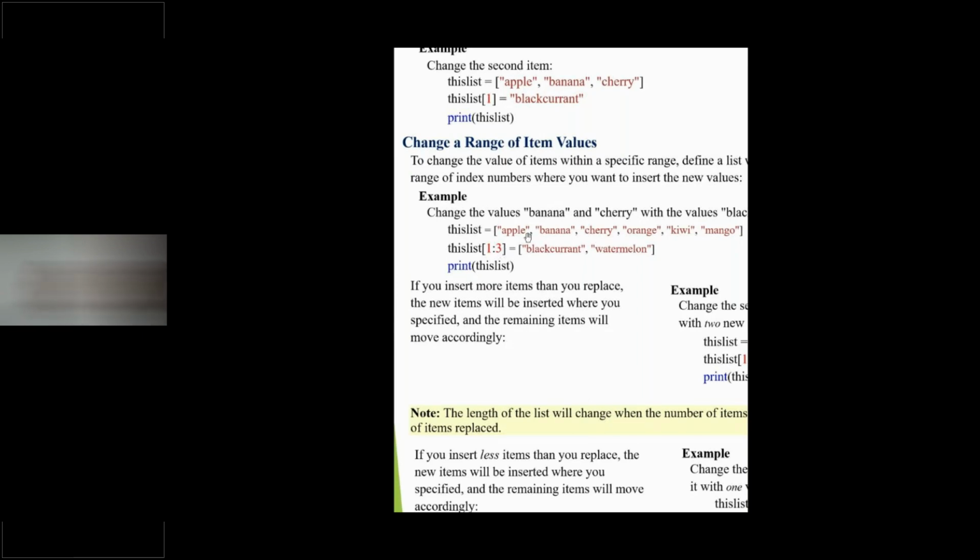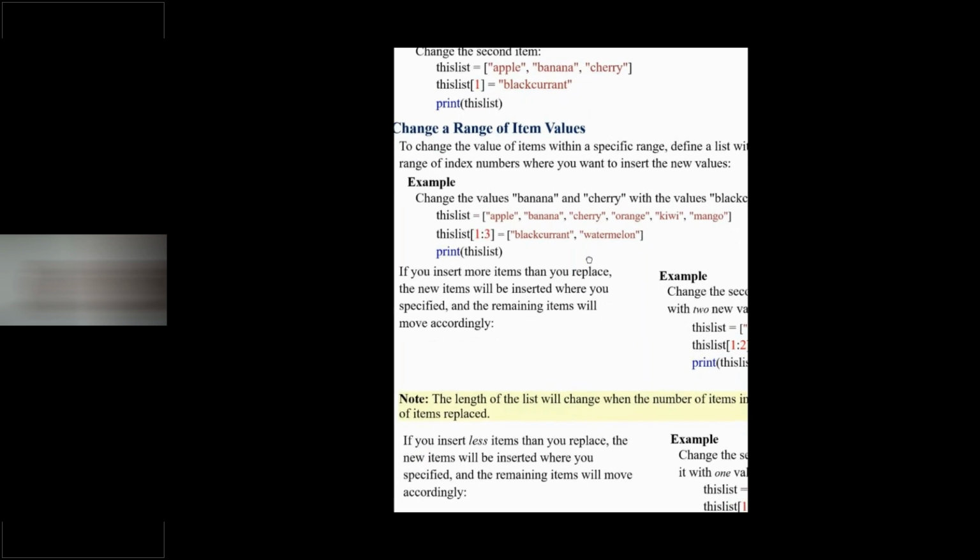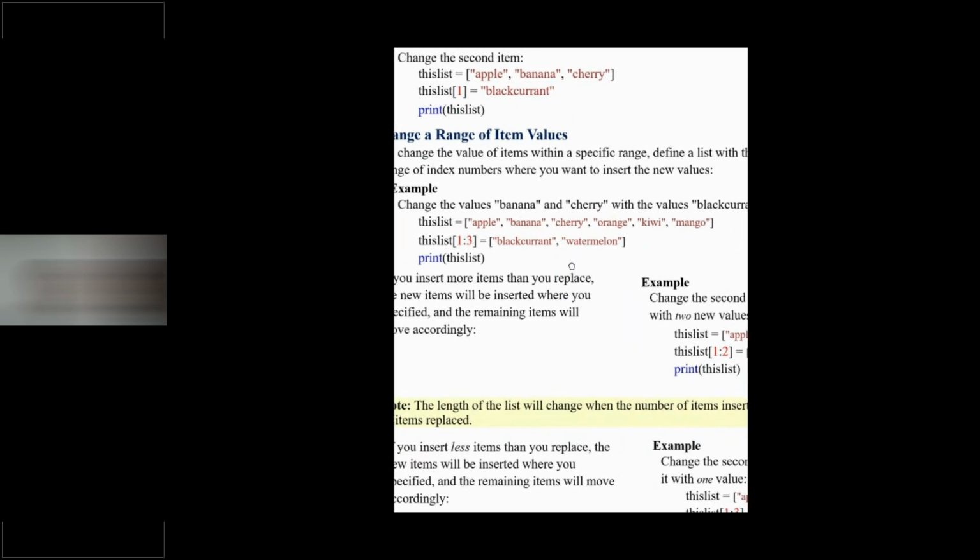So, 0, 1: banana will be replaced with black currant, and the second item cherry will be replaced with watermelon. This is how you can also use ranges to change the item values in the list.